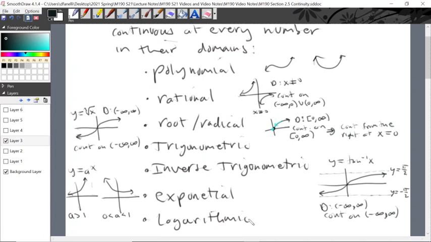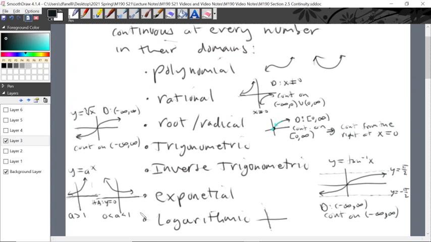And the logarithmic functions, so we would have, for instance, the natural log of x, or log base b of x for any b that could have been a base of an exponential over here. Remember that these exponentials both have horizontal asymptotes at y equals 0.